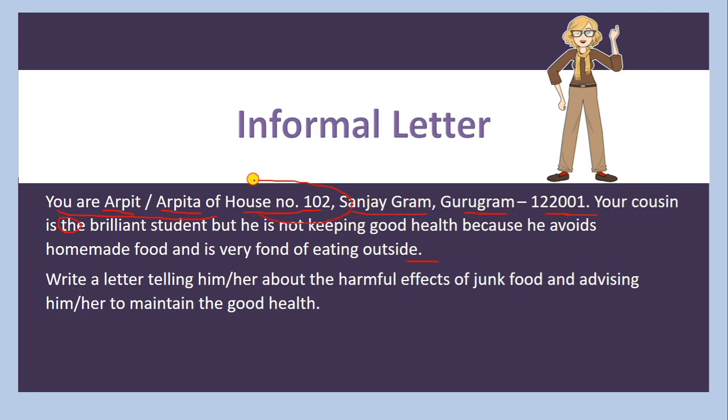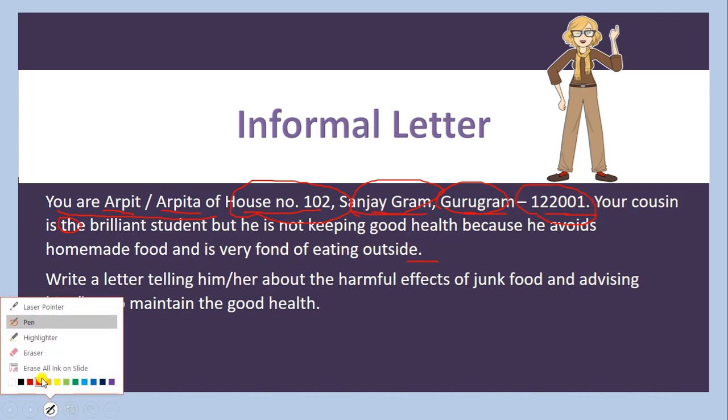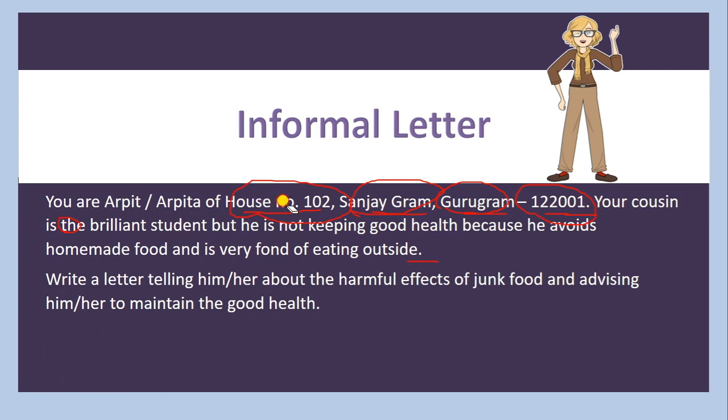This is the house number and the house is located in Sanjay Gram. Sanjay Gram is located in Gurugram, and the pin code of Gurugram is also given here. So all of these things are given in the question. That is why you have to pay attention to what is given in the question.